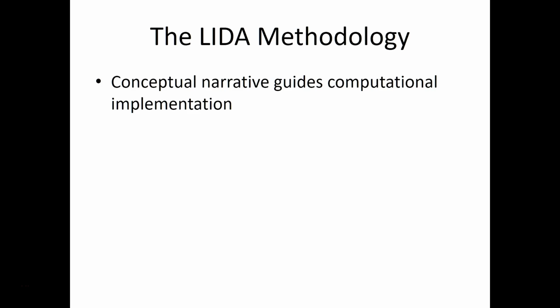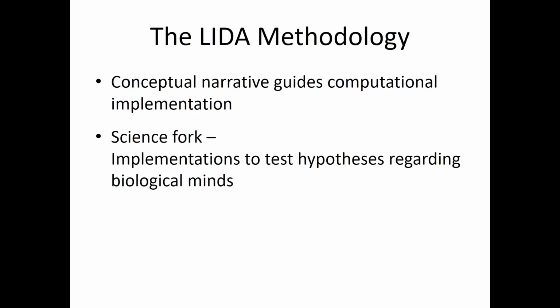If the particular autonomous agent under study is a biological agent, our software implementation will represent one or more hypotheses about how that organism's mind works, and the results of executing that software will constitute an experiment to test those hypotheses.